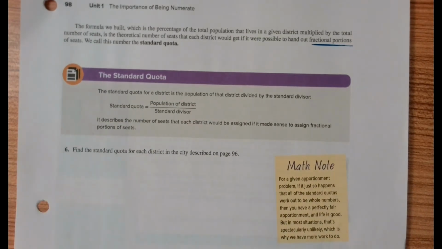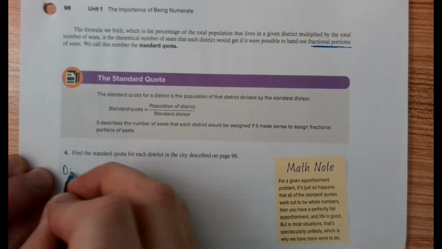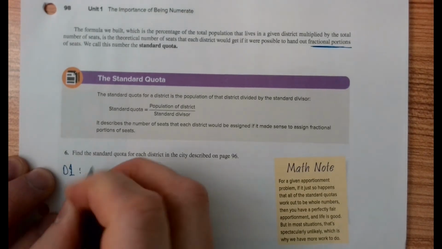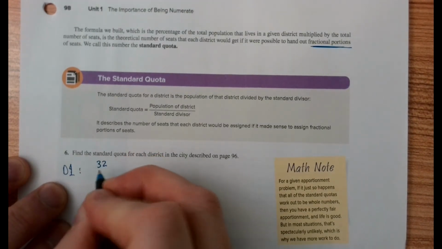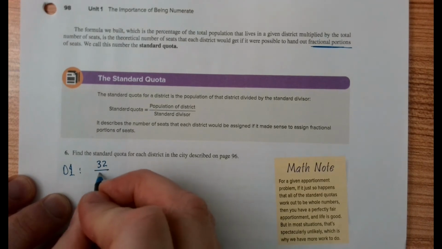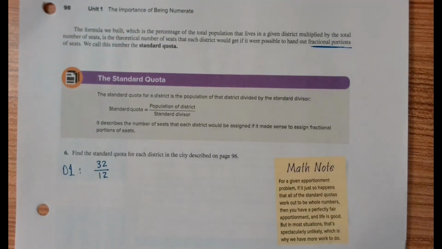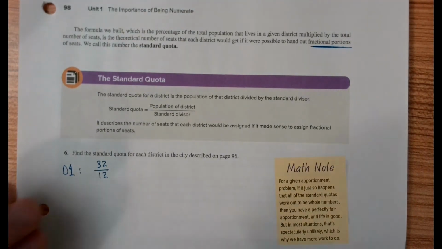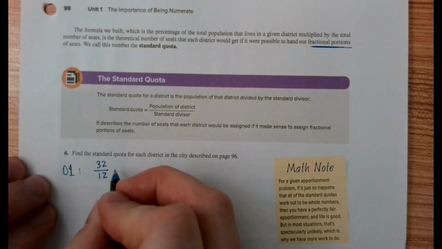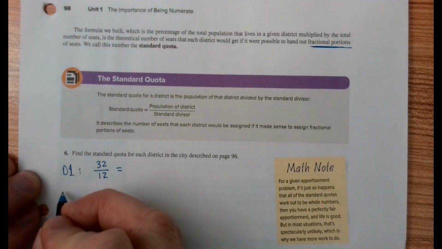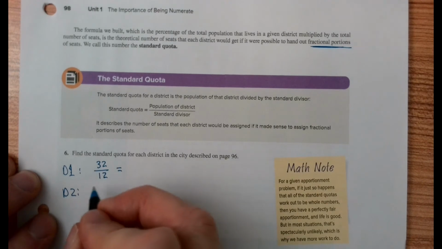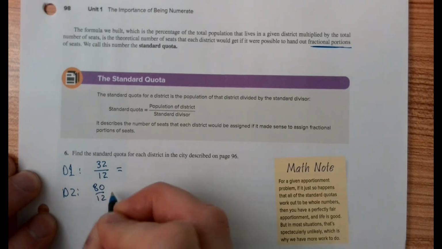So we are going to find the quota for the rest of these. District 1 had 32,000 people. If we divide that by the 12,000, which was our standard divisor, that'll get us the standard quota for District 1. District 2 is 80 divided by 12.